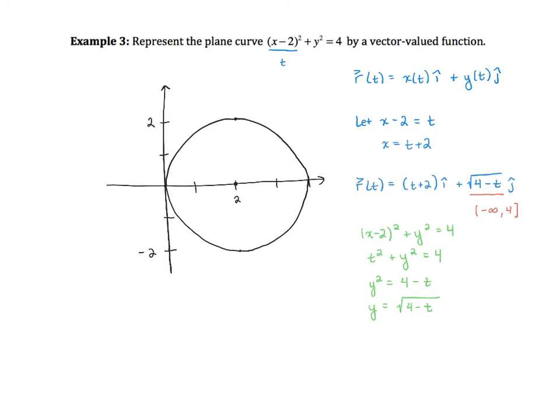So let's see, t, x of t, y of t, and I'm just going to pluck the vector out from our x and y components. So let's just do 0, 1, 2, 3, 4.